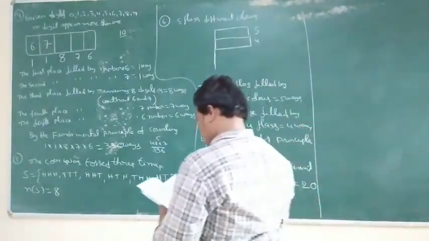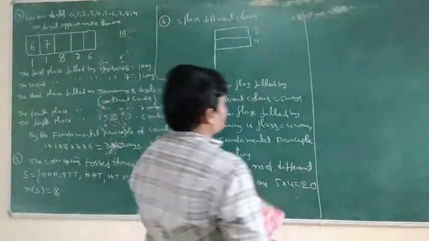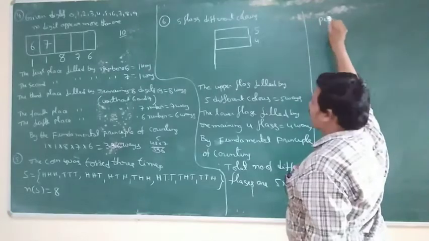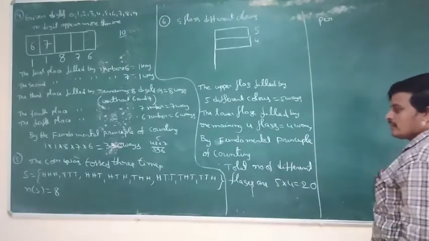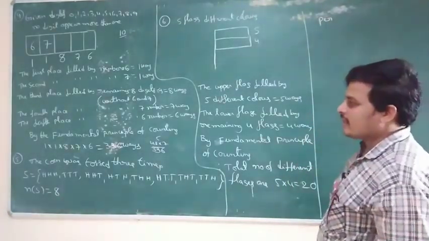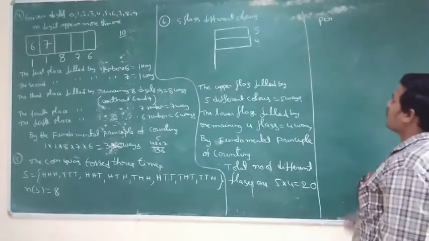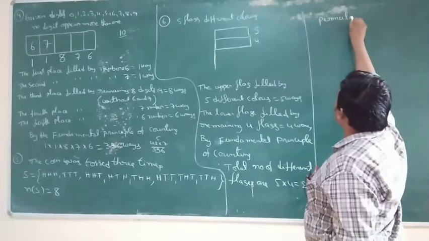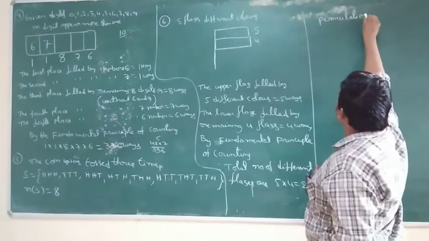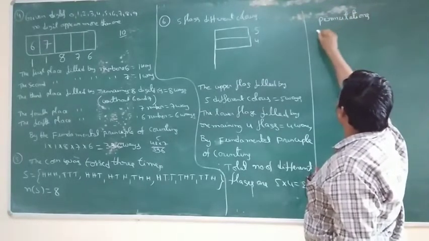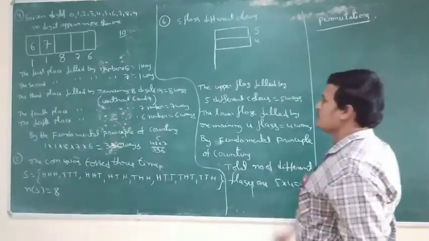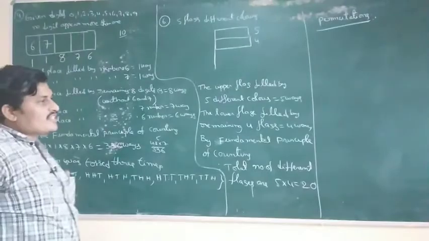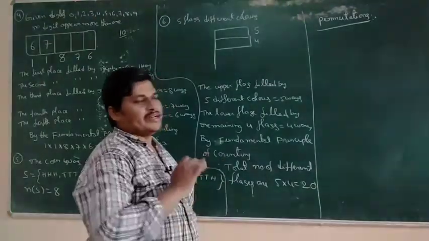Next one. The next concept is permutation. Fundamental principle of counting, the explanation and problems are completed. Now the next definition: permutations. What is a permutation? Permutation is an arrangement.